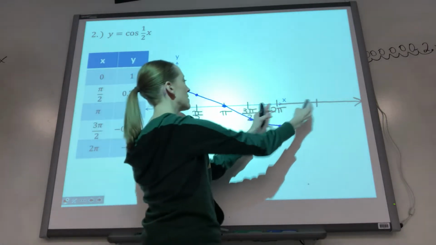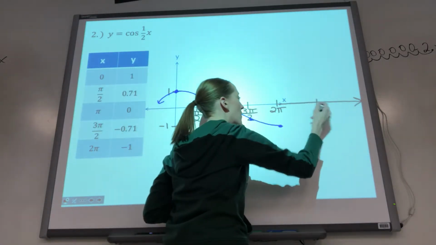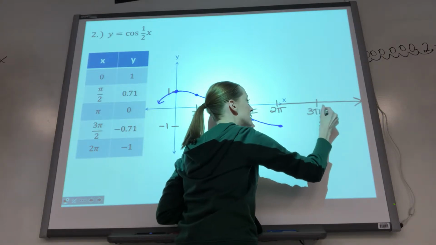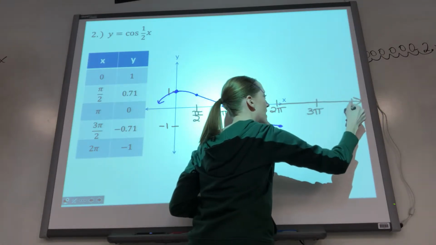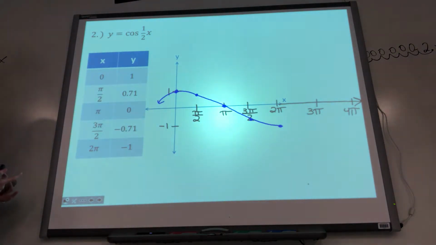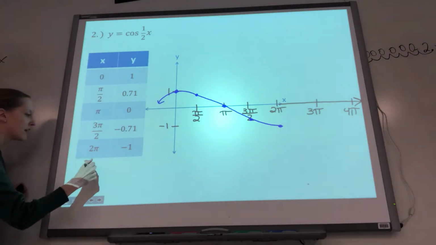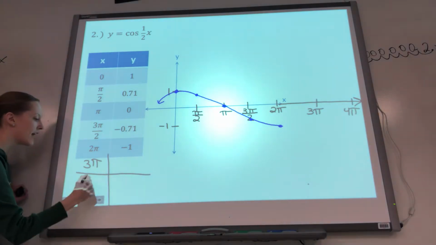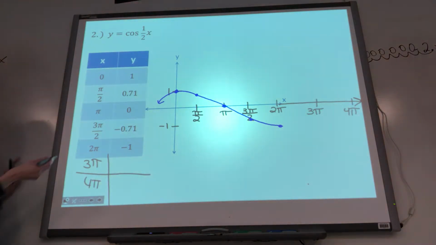This is not really equally spaced here because I'm running out of room, but let's try also a 3 pi and a 4 pi. What will that give me? 3 pi and 4 pi.